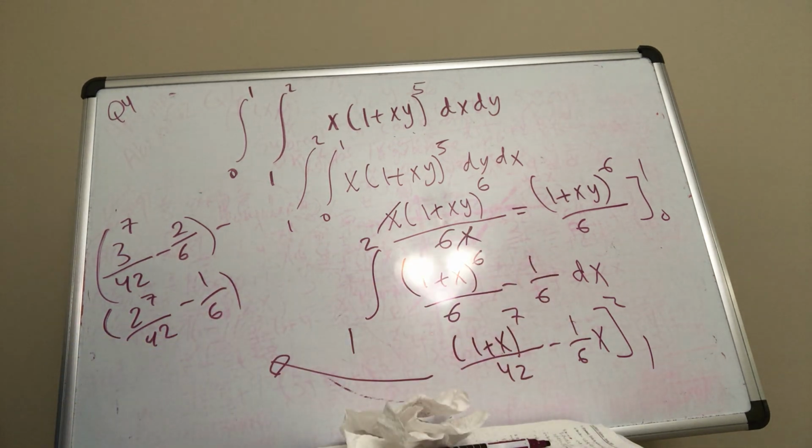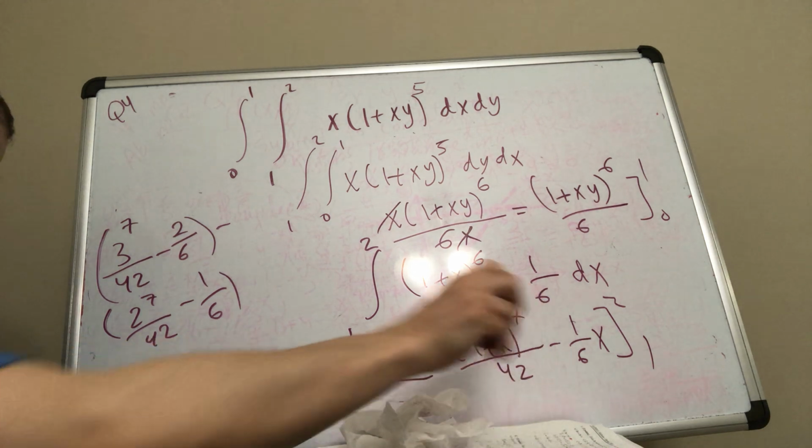So if I do this quickly in the calculator, 3 to the power 7 over 42 minus the fraction, and then 2 to the power 7 over 42 minus 1 over 6. I get this answer.